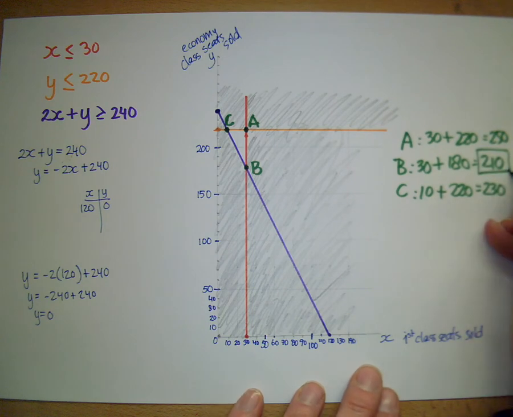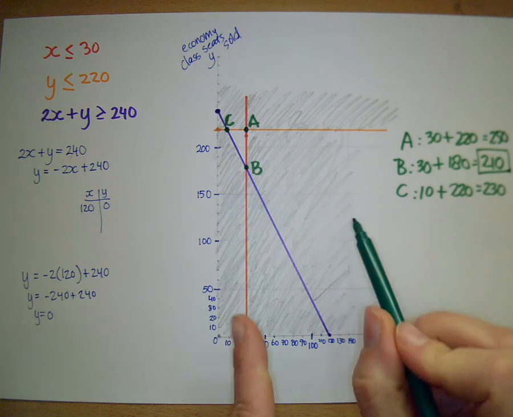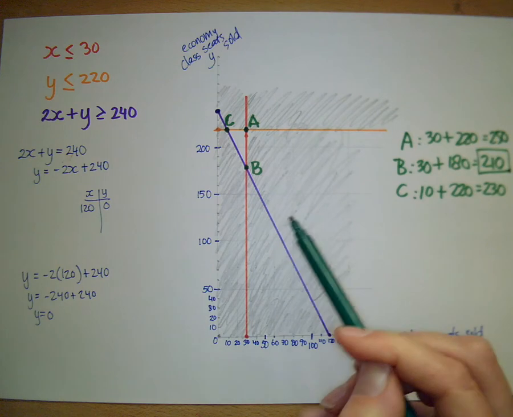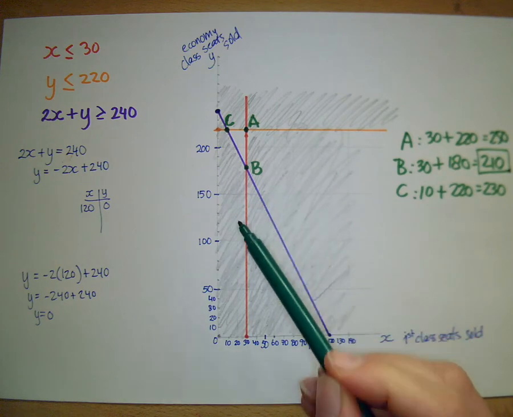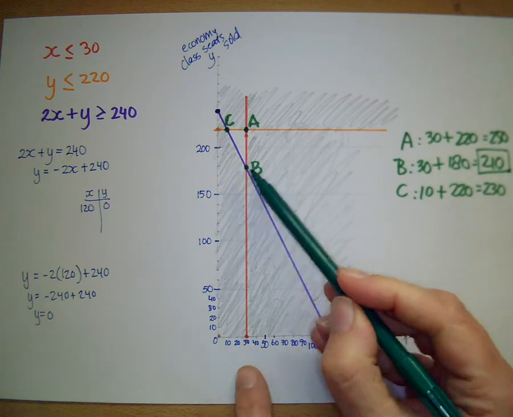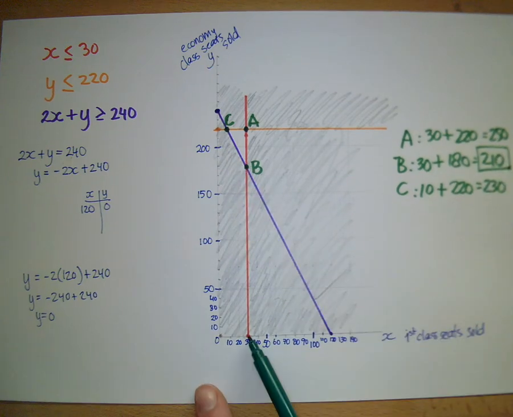210 seats were sold. That does not mean that if we sell at least 210 tickets, the plane will definitely fly. Out of those 210, 30 have to be first class seats.